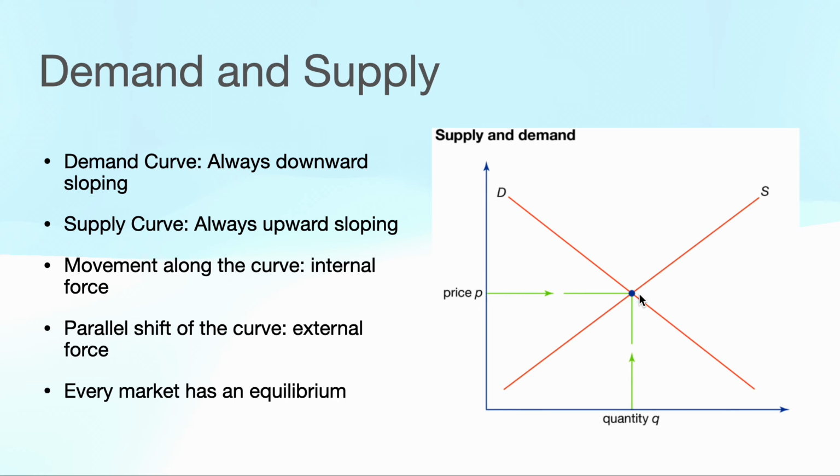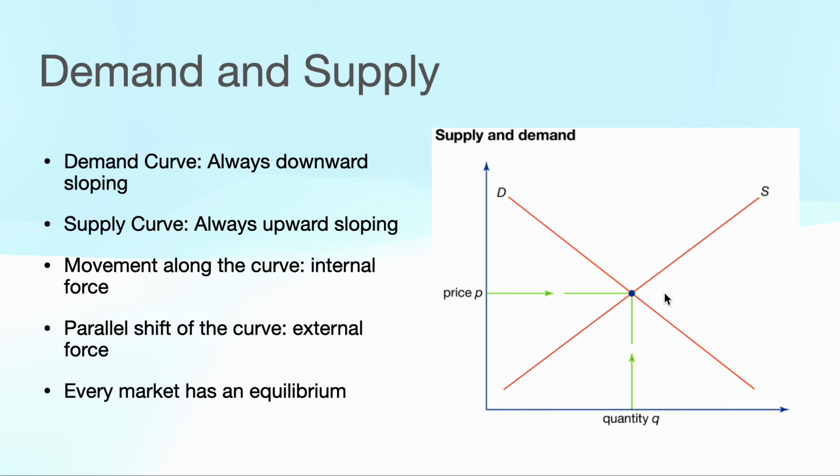So they finally meet at P and Q. Okay, so that's your equilibrium. And this is a very, very important concept in economics because one thing I want you to take away is that in every supply and demand graph, there's always an equilibrium. And your job very often in exams or assignments is to find the equilibrium or identify the movement in equilibrium due to a movement in curves.